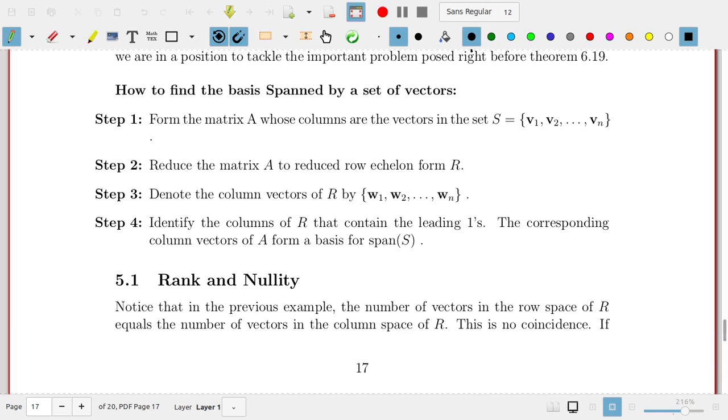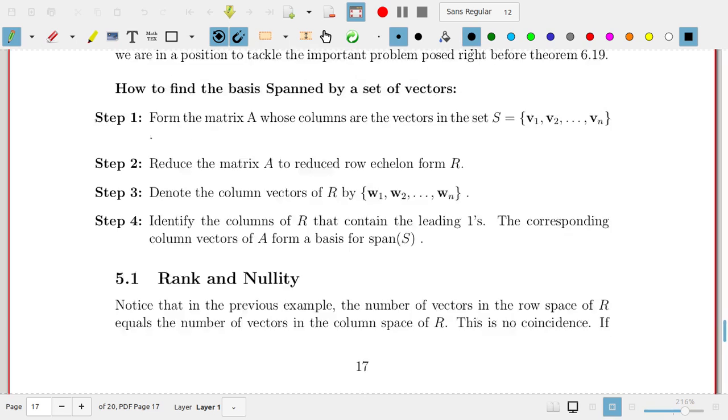Then we look at the columns that have leading ones, and those columns give me a basis for the space that is spanned by S.